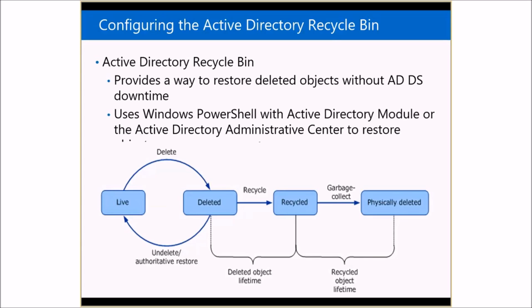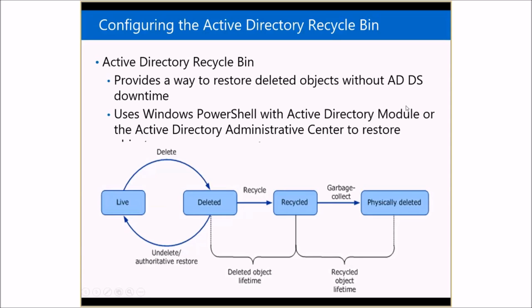How many times have you accidentally clicked on the wrong thing and deleted it? Or thought you were selecting something else, pressed delete and deleted something else? I've done that many times in the file system, and I'm sure it'll happen in Active Directory as well. So the Active Directory Recycle Bin provides a way to restore deleted objects without any Active Directory downtime.